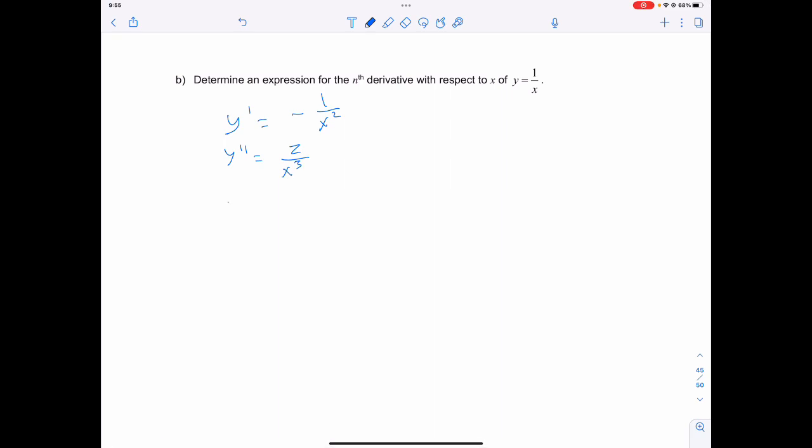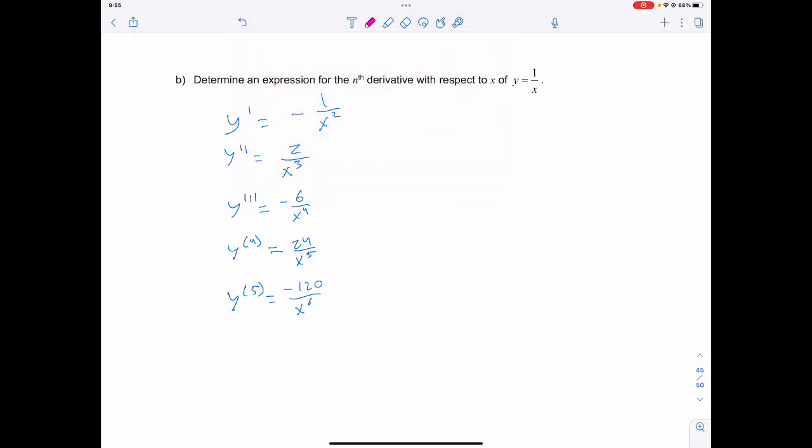We can say that y triple prime, which we already know, is negative 6 over x to the 4. The fourth derivative is equal to 24 over x to the 5. And the fifth derivative is equal to negative 120 over x to the 6.